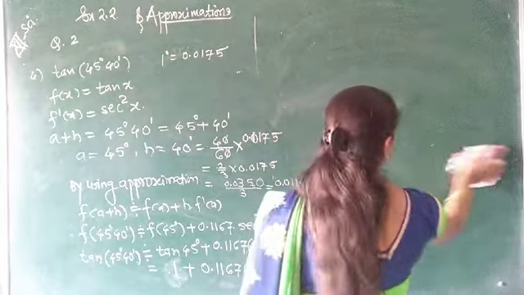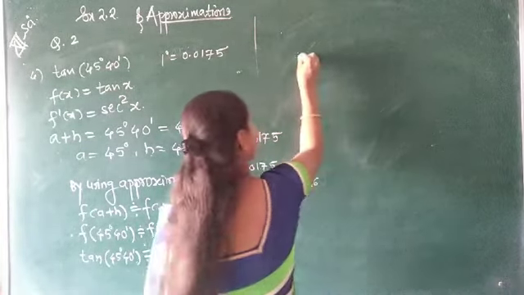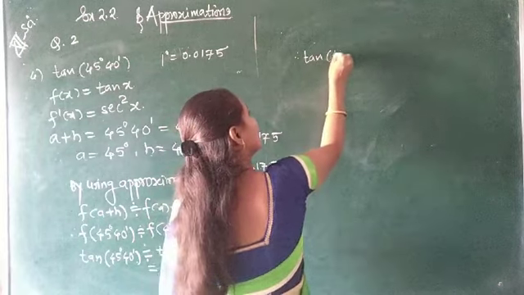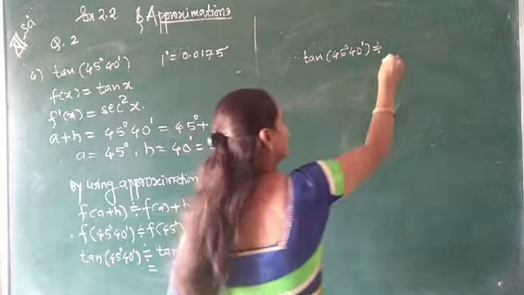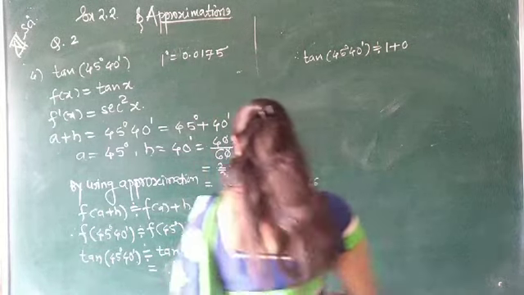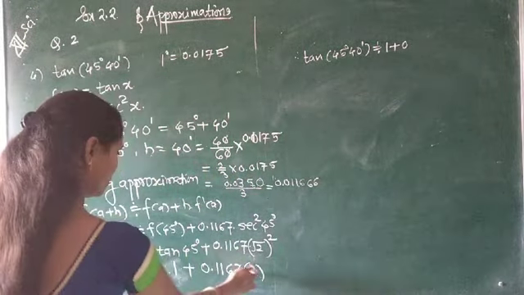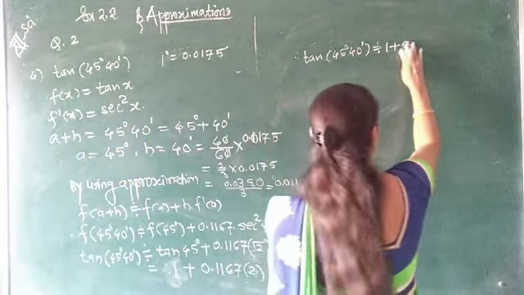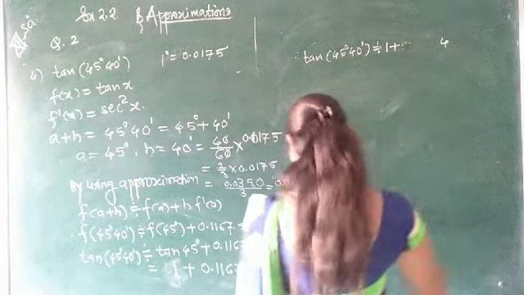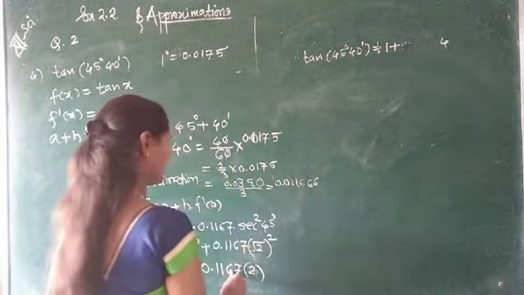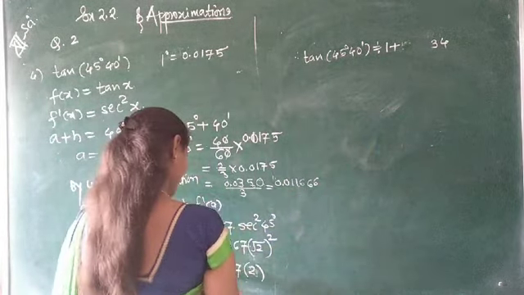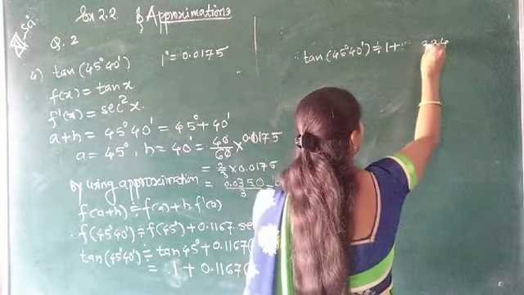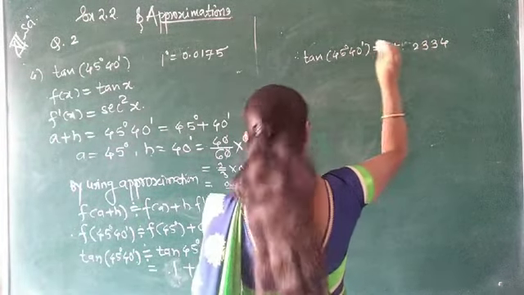Therefore, tan 45 degree and 40 minutes is approximately equal to 1 plus 0.1167 multiplied by 2.